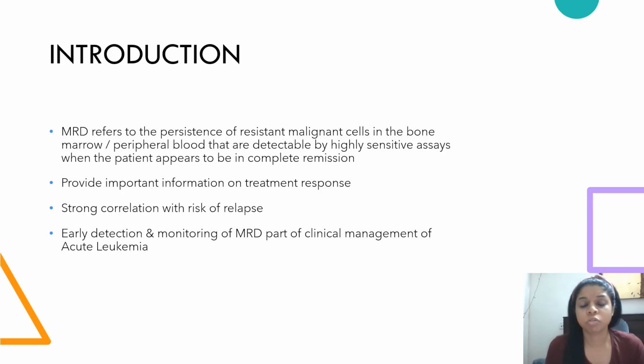So you can correlate it with the relapse and how much treatment you need. Early detection and monitoring of the MRD is part of clinical management of acute leukemia. Nowadays, in every acute leukemia case we will go for MRD to see whether there is remission and whether there is a chance of relapse.